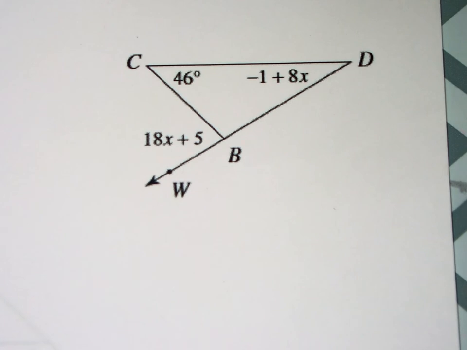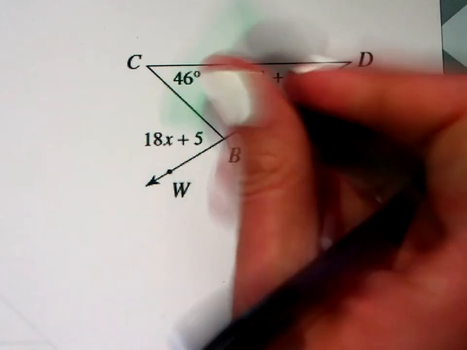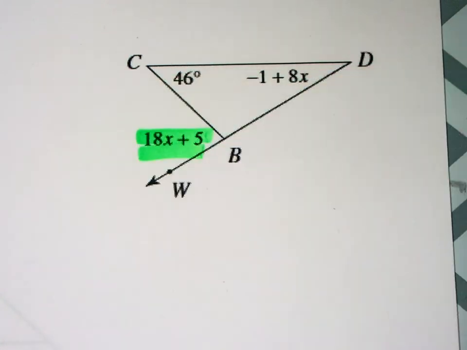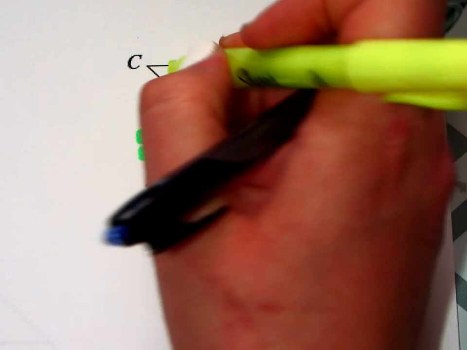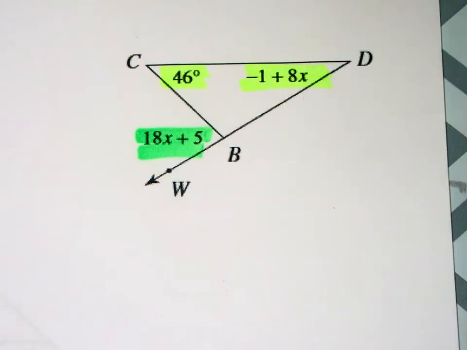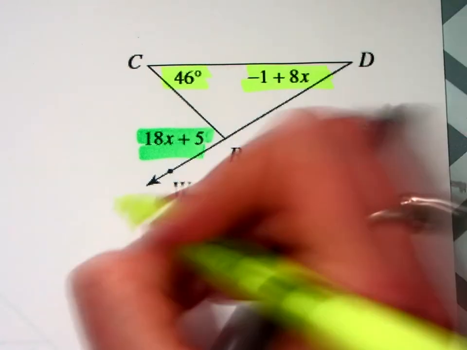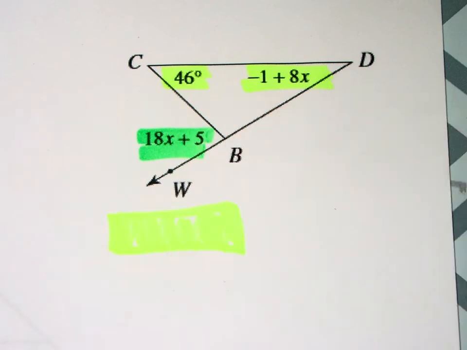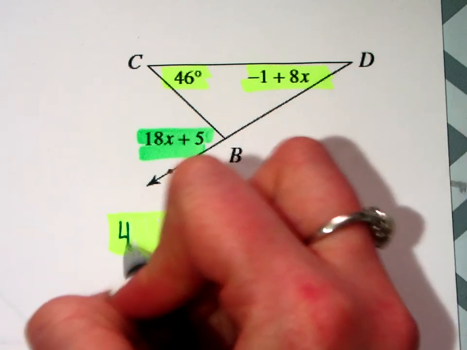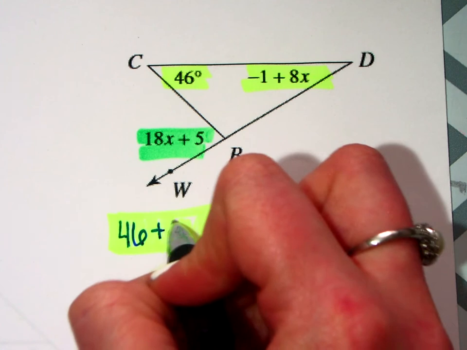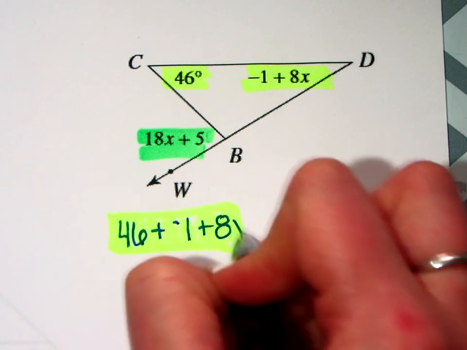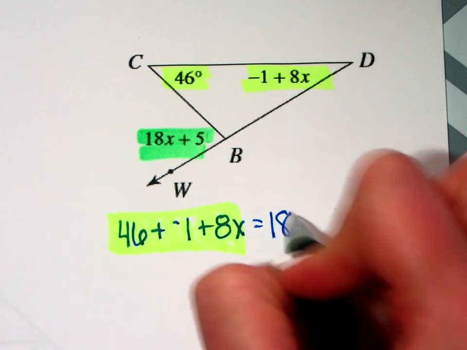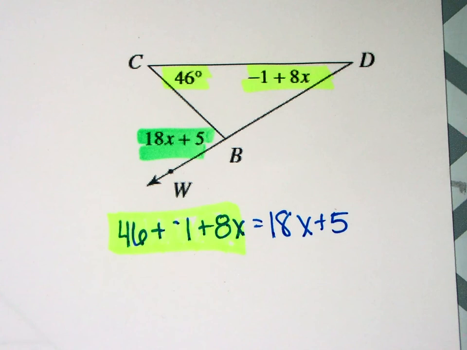Again, I've got that exterior angle of 18x plus 5. And I've got my two remote interiors, 46 and negative 1 plus 8x. So again, my mind should automatically go to add the remote interiors. So I'm going to do 46 plus a negative 1 plus 8x equals the one on the outside, 18x plus 5.